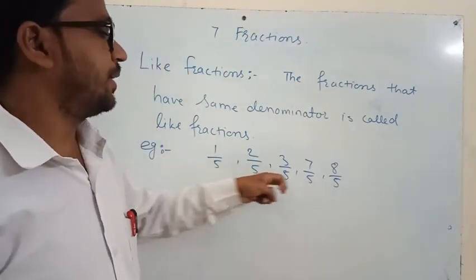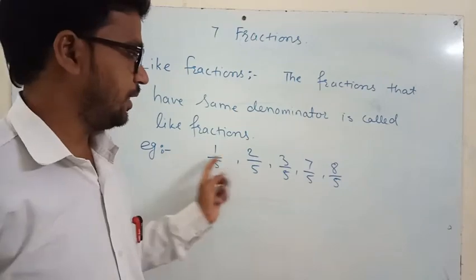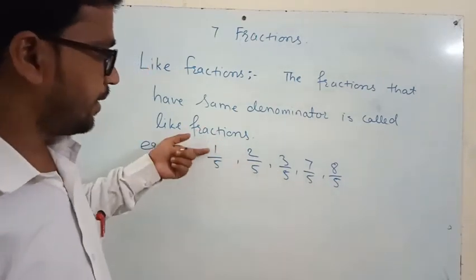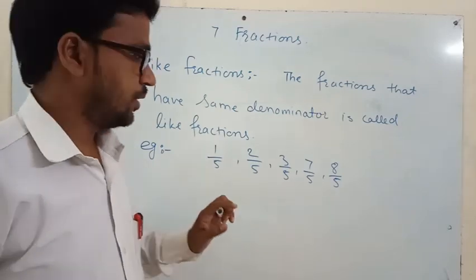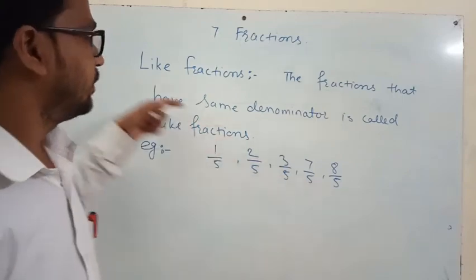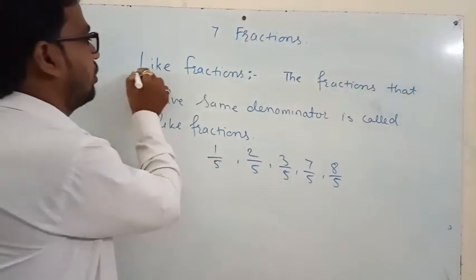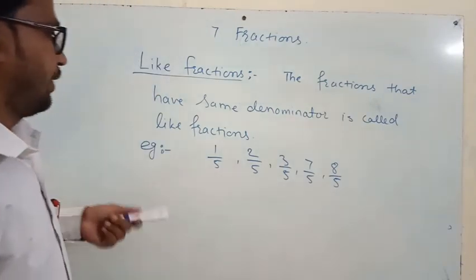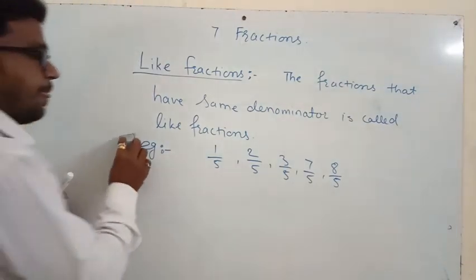The denominators are the same. In each and every fraction the denominators are the same. The numerators are different; we only have to see the denominators. If denominators are the same, then those fractions are called like fractions.